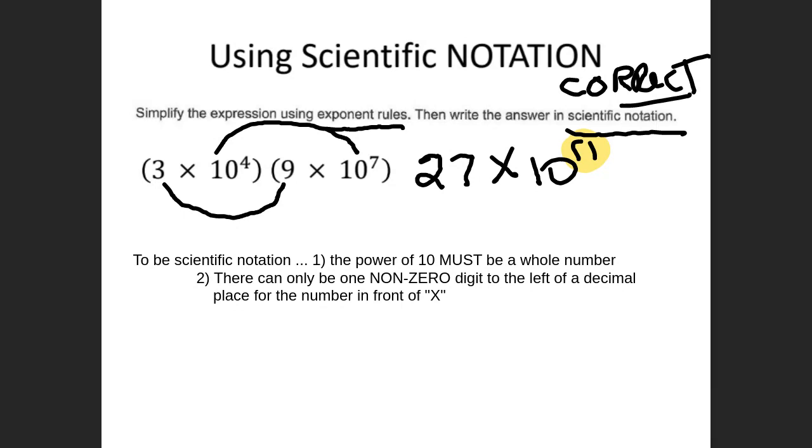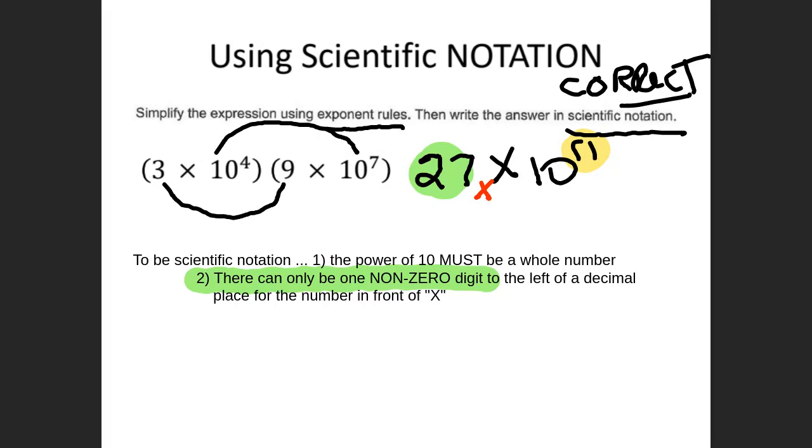But look at 27. 27 does not have one non-zero digit to the left. So this is not written in correct scientific notation. Okay. The decimal for 27 is sitting right behind the 7.